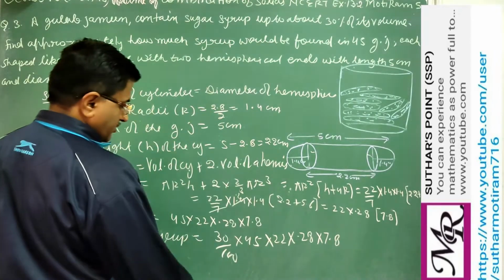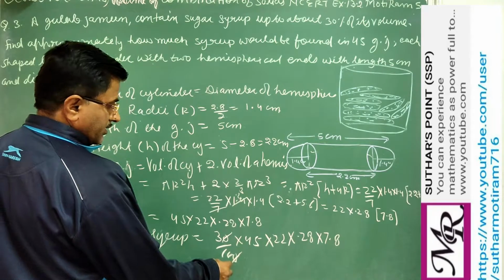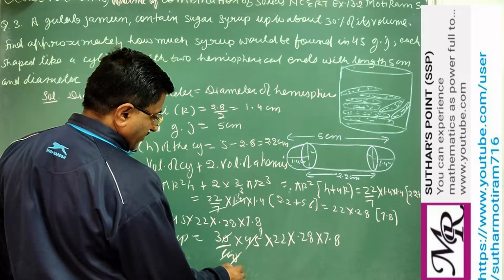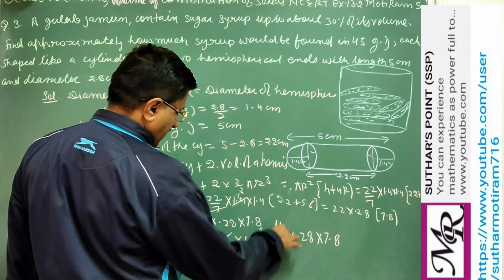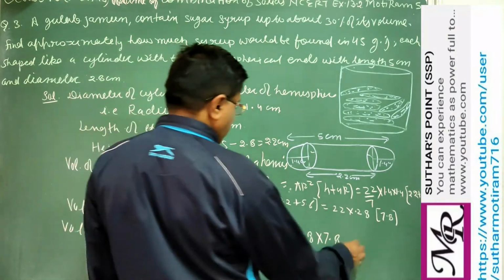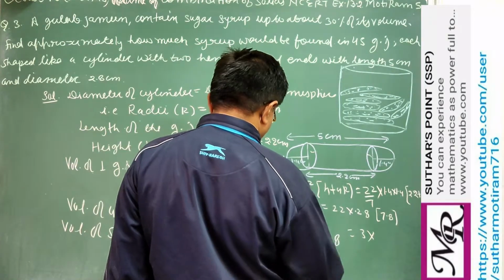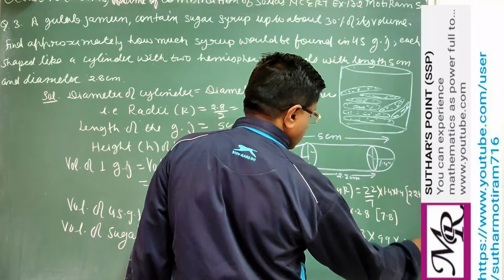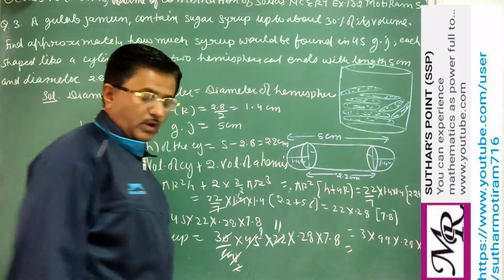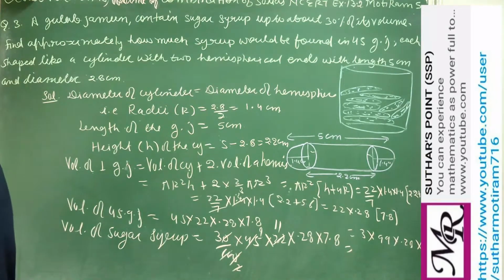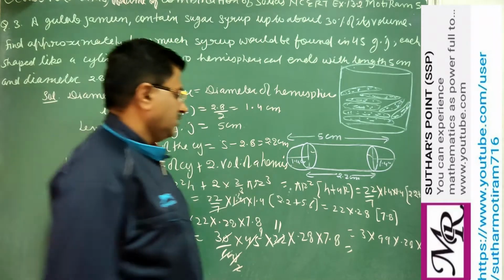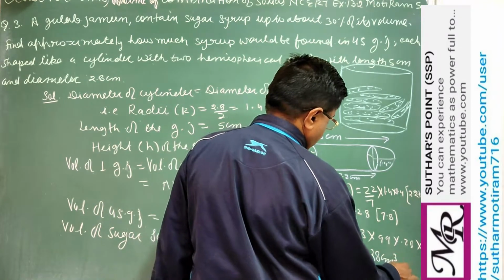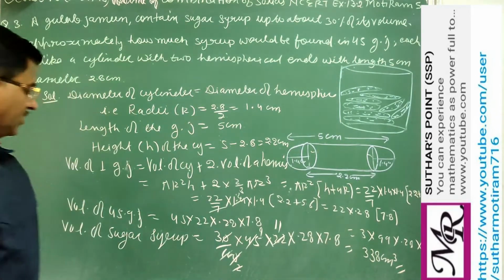You can calculate it yourself like this: 30 and 10 you can divide, this is 3, and 45 divided by 5 gives 9, 22 divided by 2 gives 11. So all these you have to multiply, which is 3 into 9 into 11, 99, into 0.28 into 7.8. When you multiply all these, we get approximately 338 cubic centimeter. So this is the quantity of the sugar syrup.